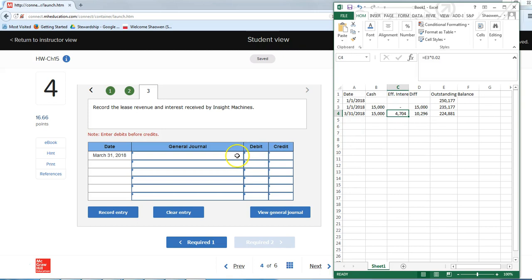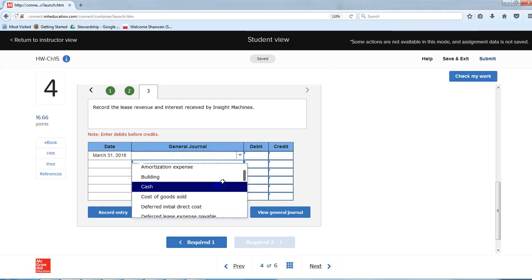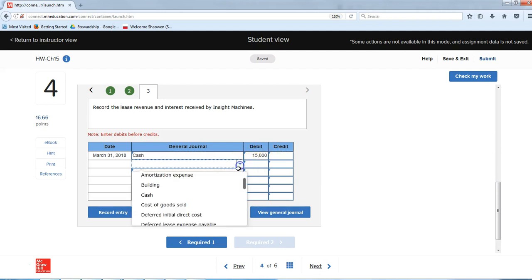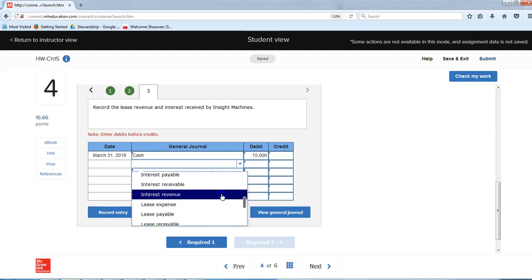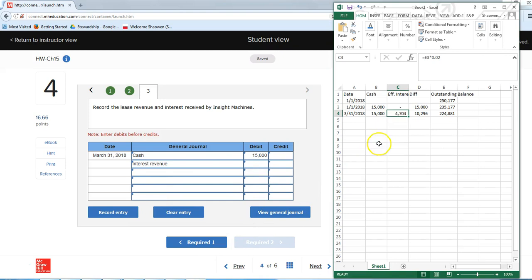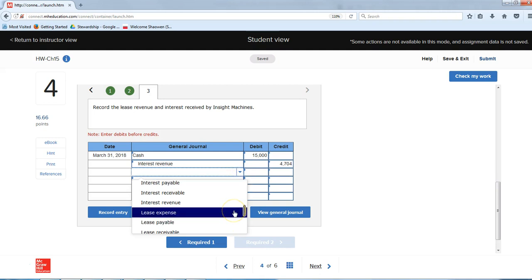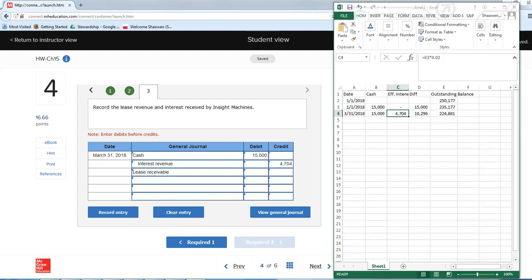The interest to lessor is interest revenue. The remaining component is lease receivable being reduced because it's received, $10,296.